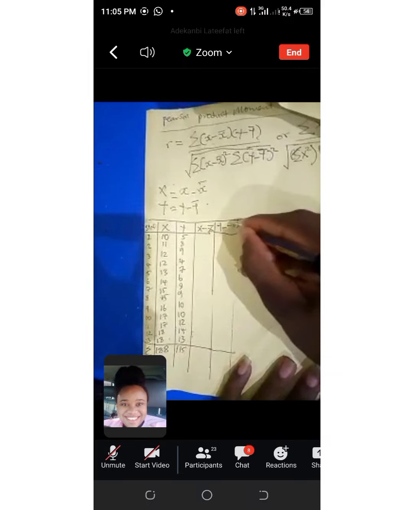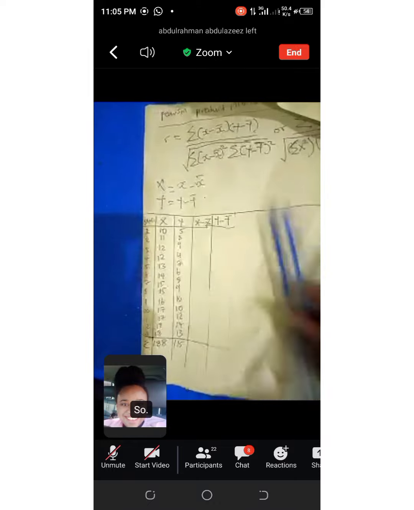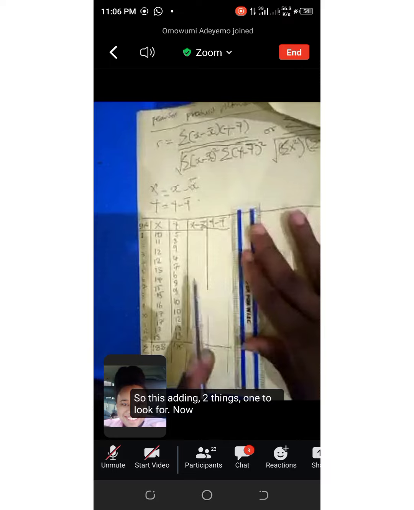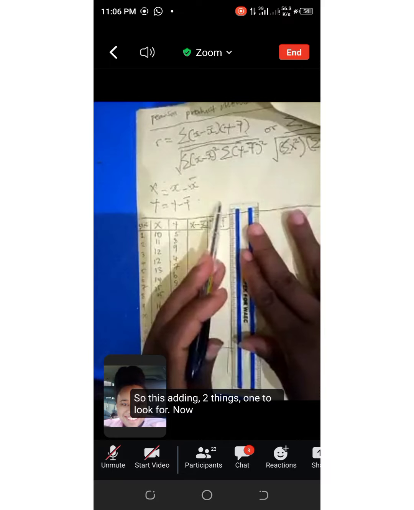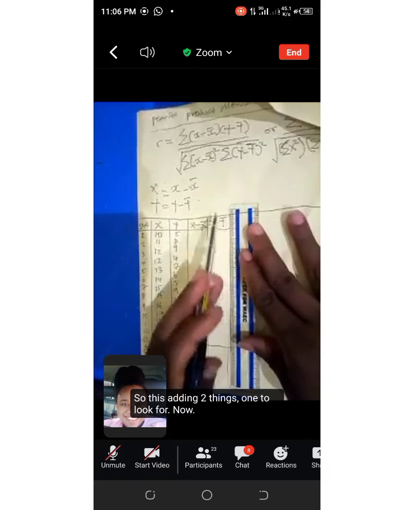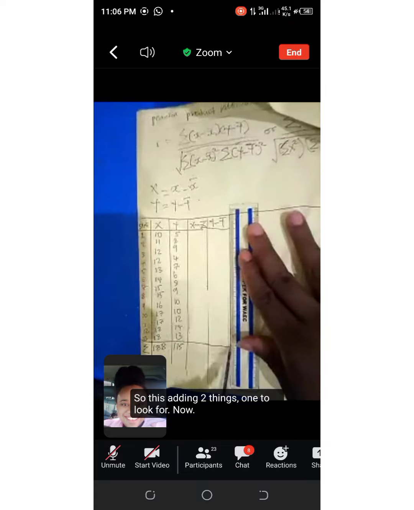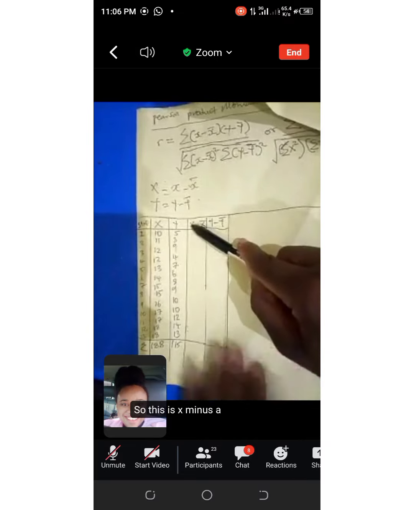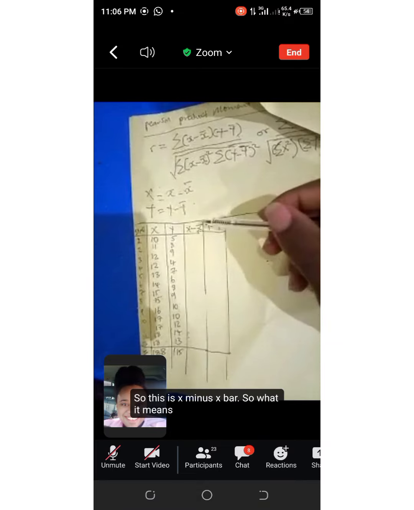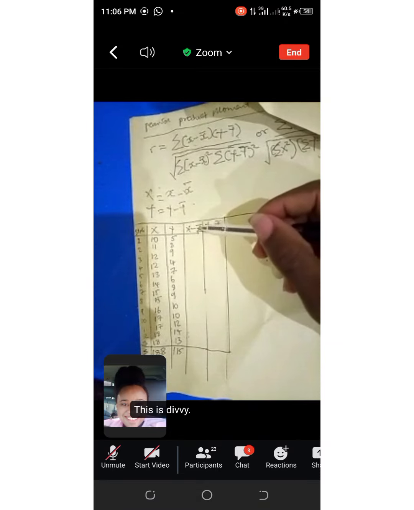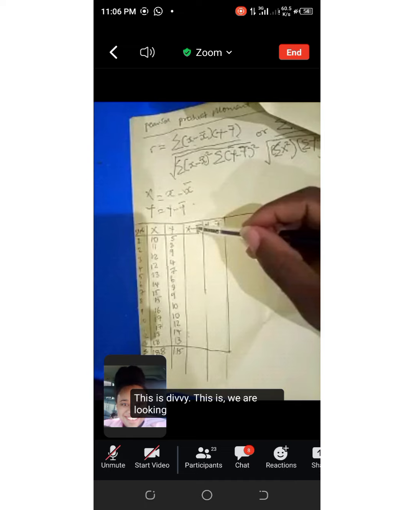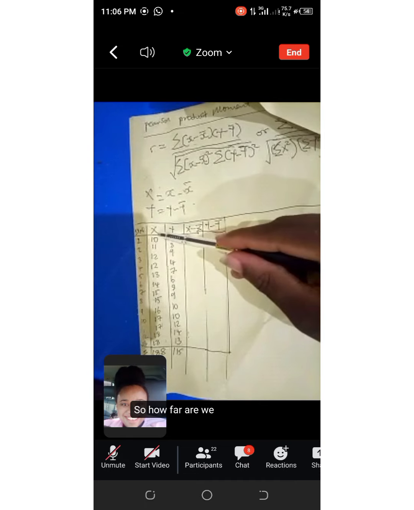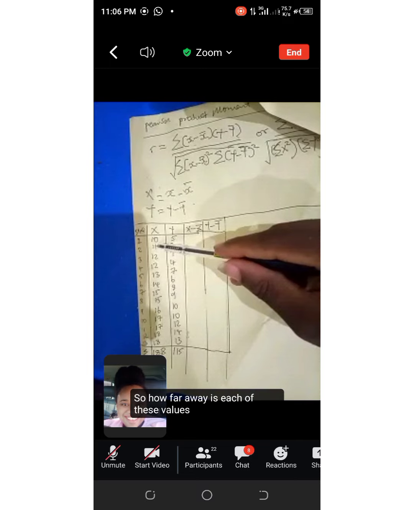These are the two things we want to look for now. So this is x minus x bar. What it means is that we are looking for the deviation. How far away is each of these values of x from the mean?